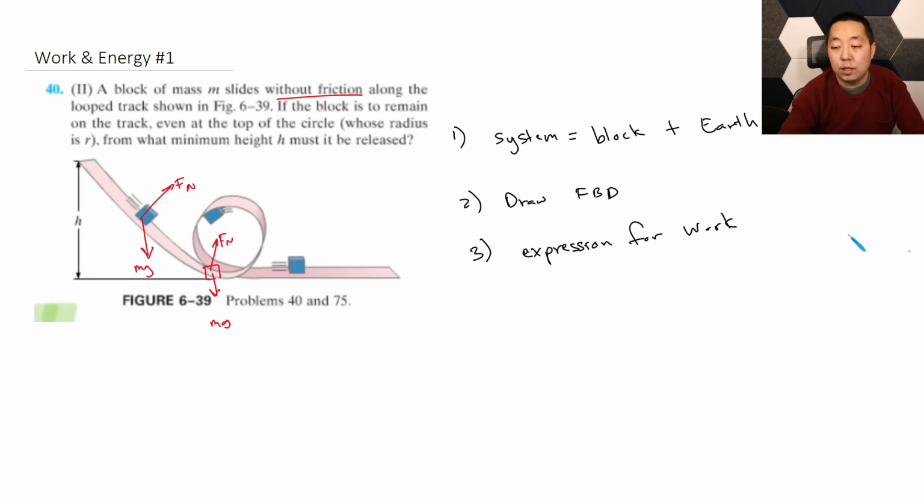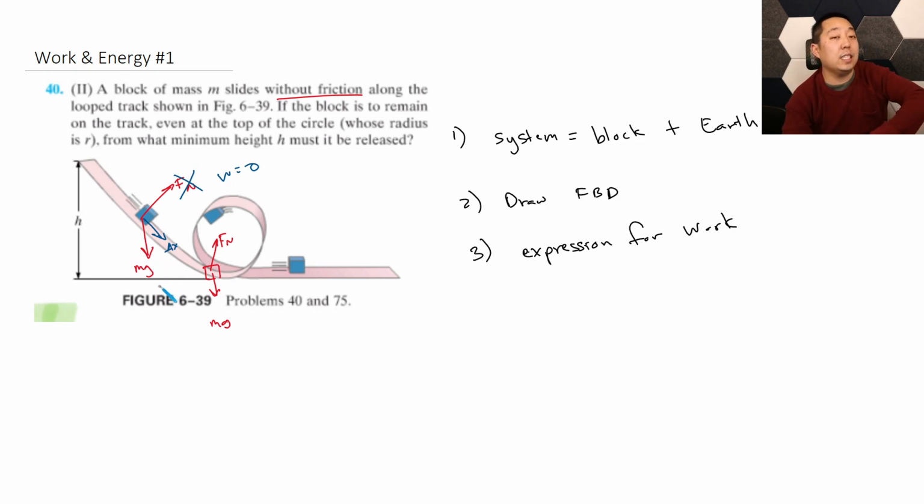The reason we did this setup is we want to think about what the displacement is. At any moment in time, the displacement is parallel to the ramp. That's the direction of the motion. So the normal force is not going to do any work because it's perpendicular to the displacement. The work done by it is 0.